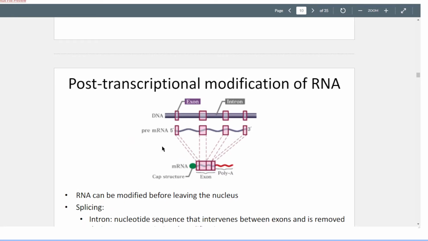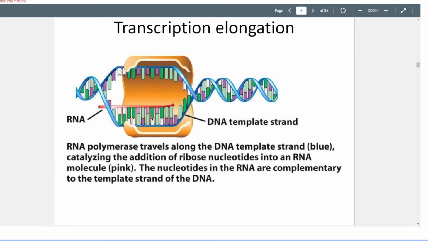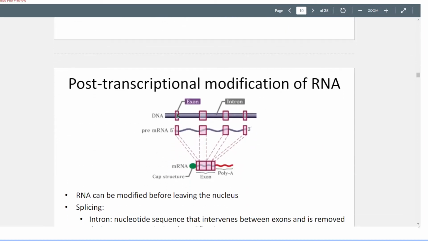So, post-transcriptional modifications. There's important stuff and there's useless stuff. All these codes right here don't all code for proteins. The important stuff, which stays, is called an exon, and the useless stuff is called introns.